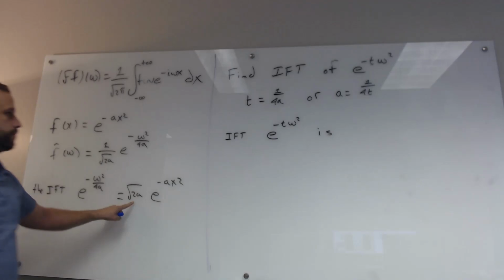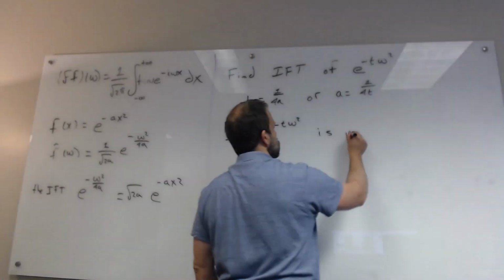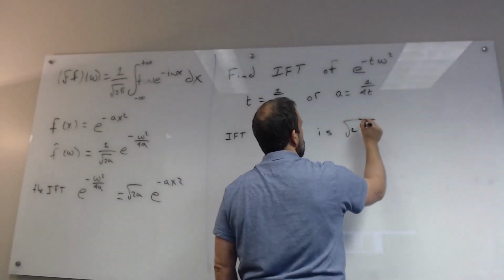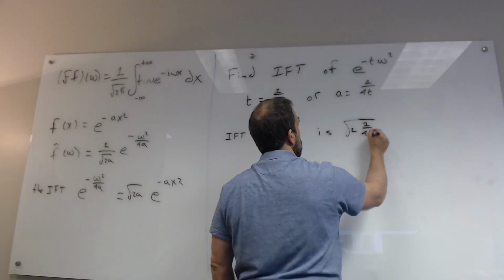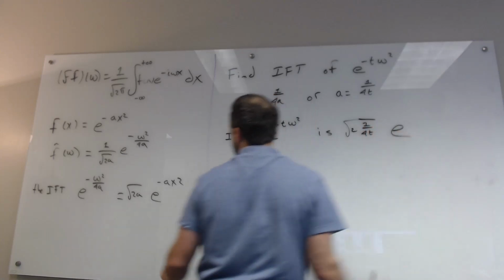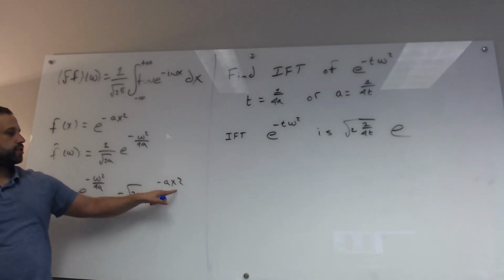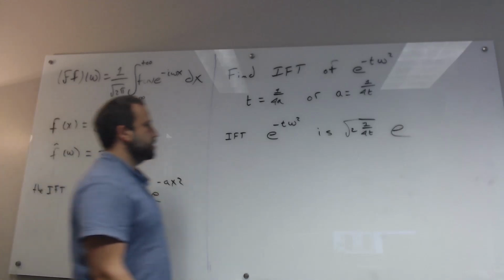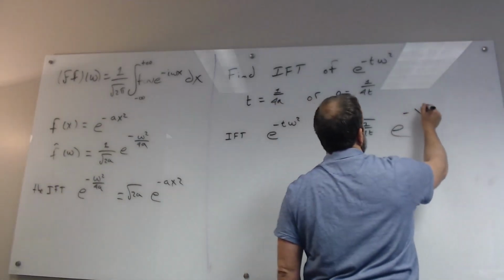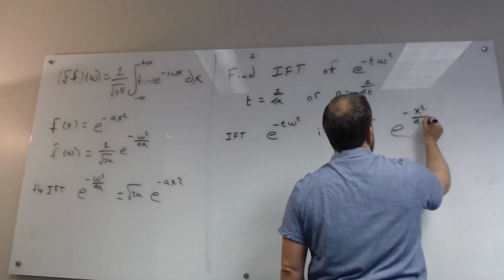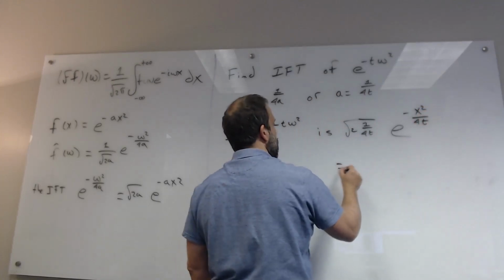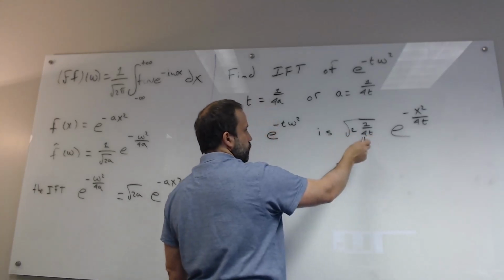So the square root of 2a is going to be the square root of 2 times 1 over 4t. And then e to the minus ax squared, if a is 1 over 4t, is going to be e to the minus x squared over 4t. And I can simplify this a little bit. 2 over 4 is 1/2.